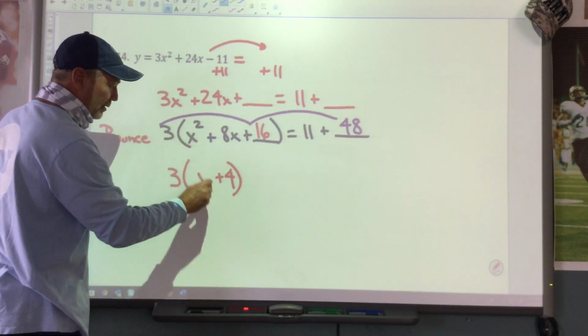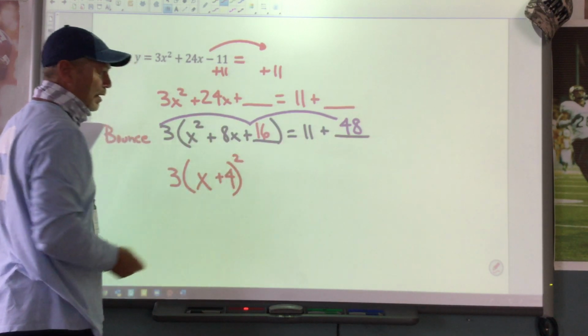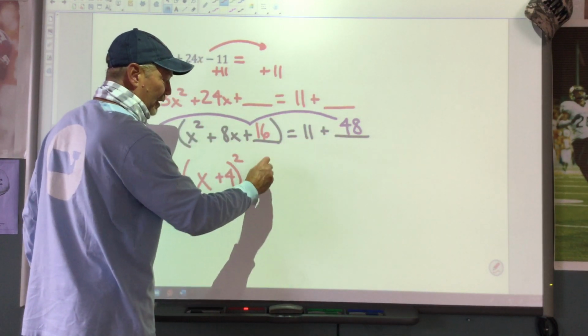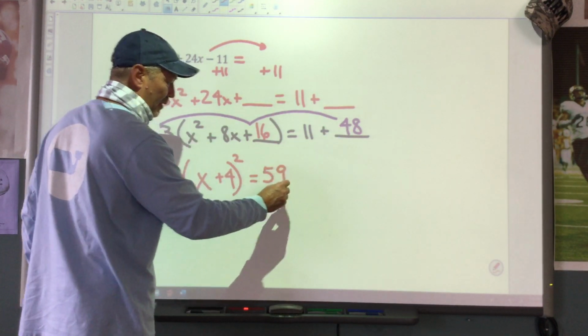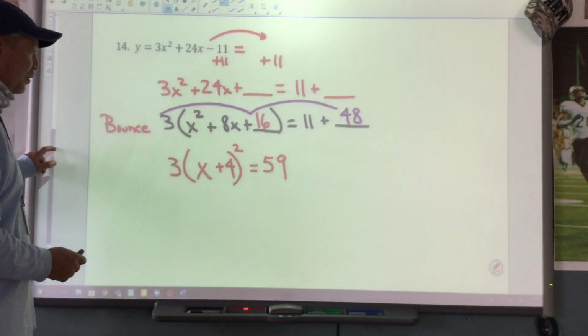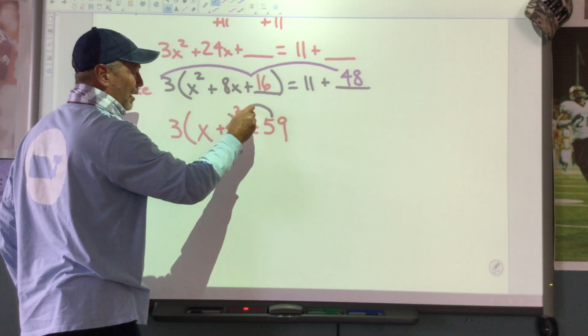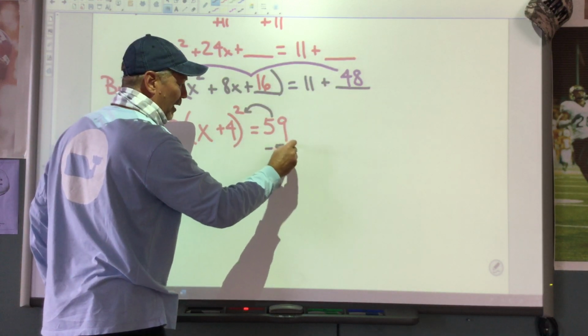Bring down the x. Bring down the parentheses squared. 11 plus 48 is 59. What's the only step left to do? Well, there's a couple. I'm going to move the 59 back home. I'm going to go minus 59.